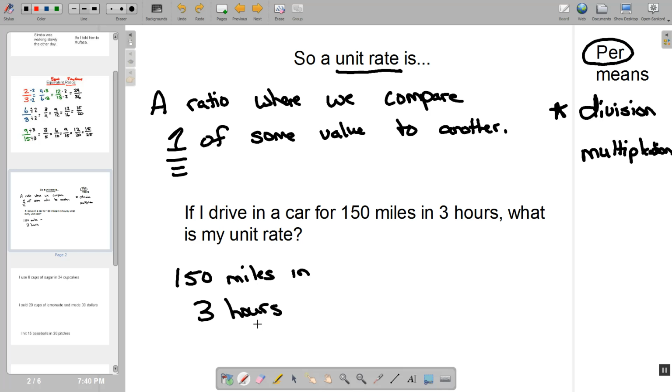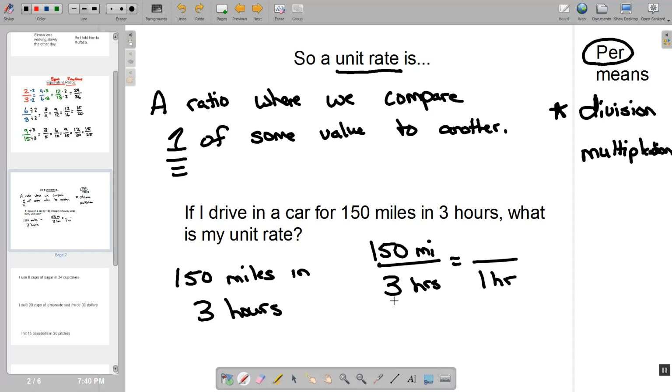That is a rate, or a ratio if I write it as 150 miles over 3 hours. But when we want a unit rate, we want miles per 1 hour. In this case, 1 hour is our denominator, and that would be our unit rate.